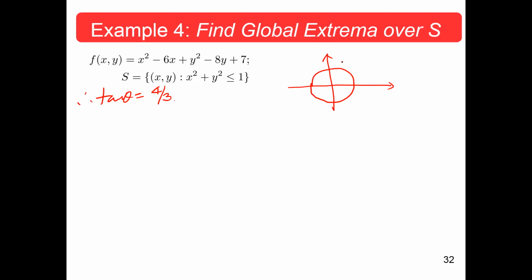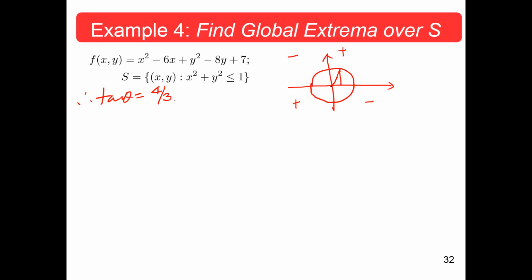Tangent is positive in the first and third quadrants, and negative in the second and fourth quadrants. So theta must be in the first or third quadrant. Is that clear? And 4/3 means y is longer than x.